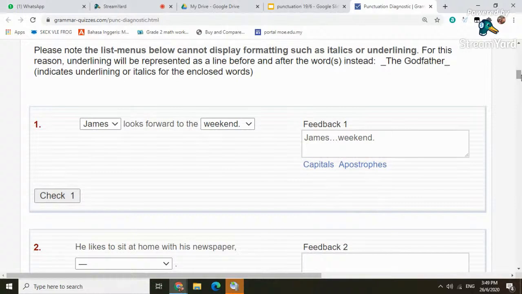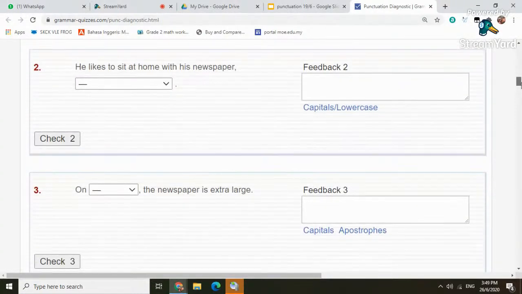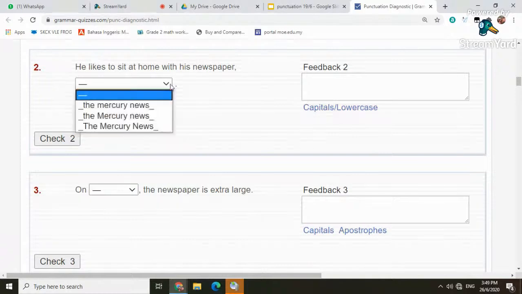So now let's look at number 2. Mercury News, as in both M and N capital letters, or M capital N small, or both small letters.